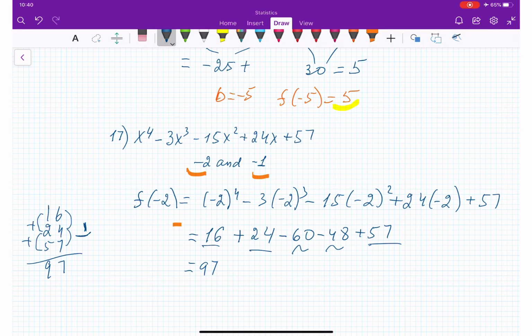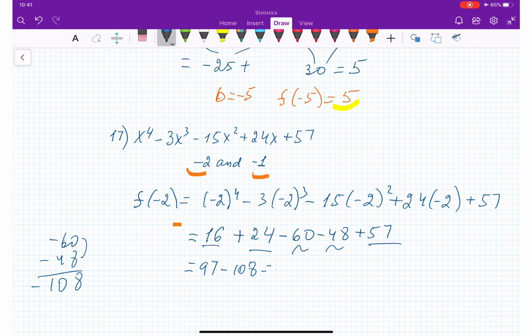Next, we have -60 and -48. So it's going to be -108. Since we have positive and negative, we are going to subtract, yes?